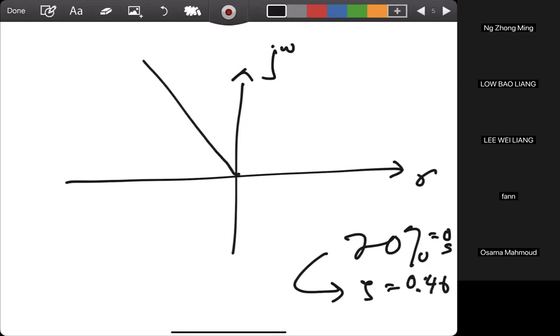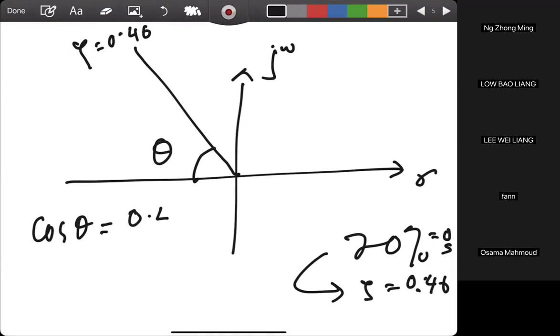So this is the zeta line, 0.46. And there is an angle over there, theta. Cos theta is equal to 0.46, which is zeta. Therefore theta is inverse cos 0.46.